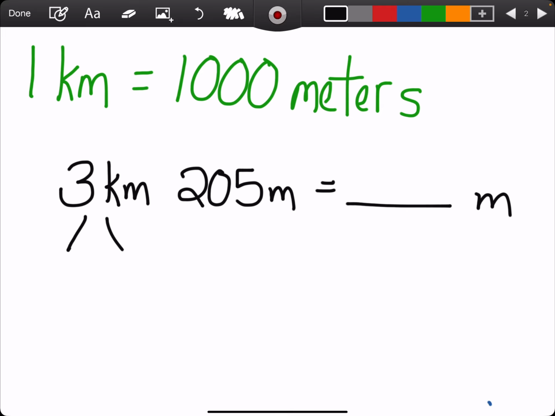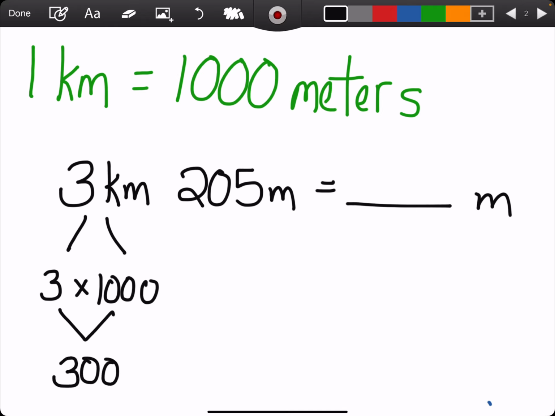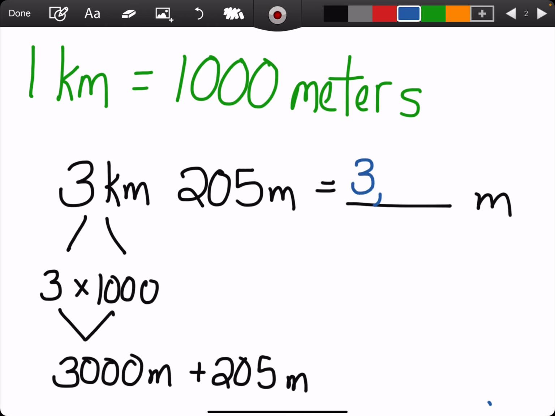I know that my 3 kilometers is like saying 3 times 1,000, because 3 kilometers equals 3,000 meters. And then we had another 205 meters. So 3,000 meters plus 205 meters equals 3,205 meters.